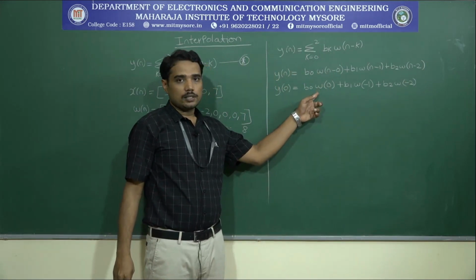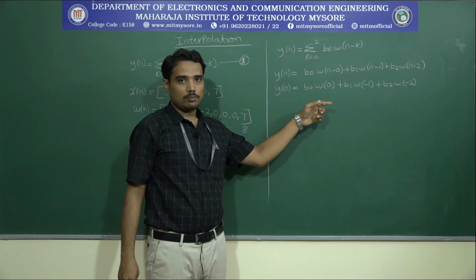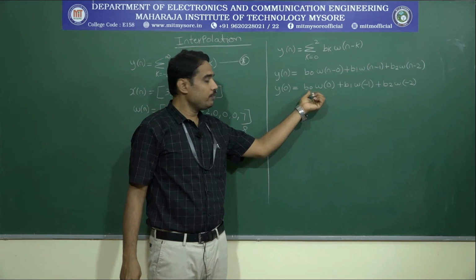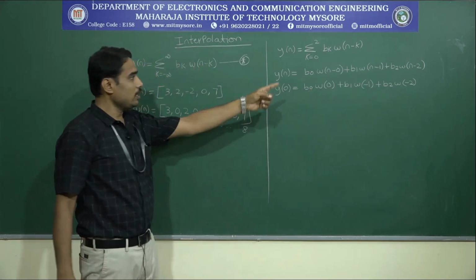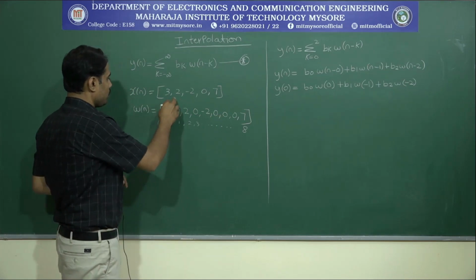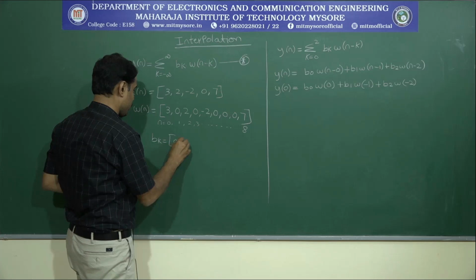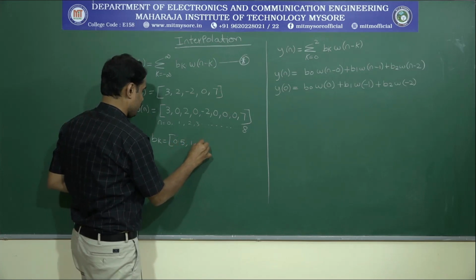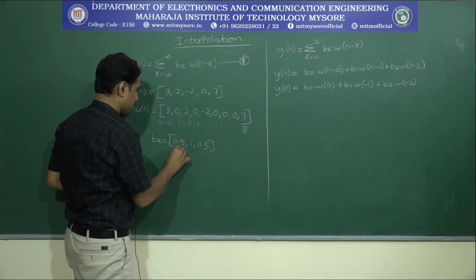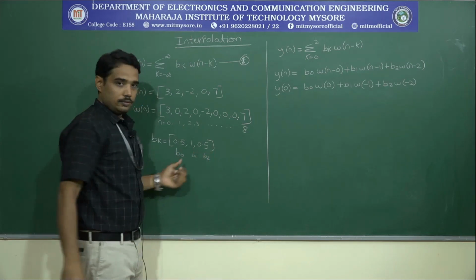After obtaining the equation, next we have to proceed to substituting the filter coefficients, that is b0, b1 and b2, which is bk is equal to 0.5, 1, 0.5. This is b0, this is b1 and this is b2.